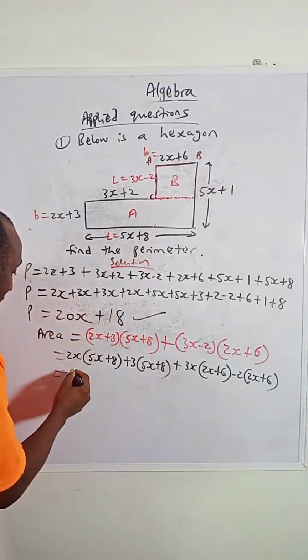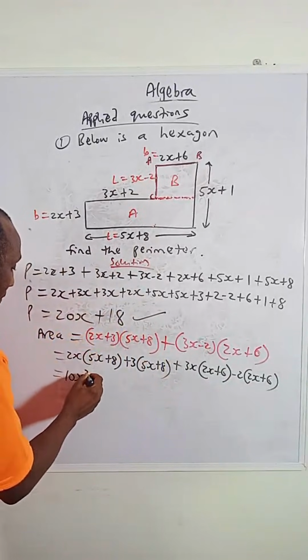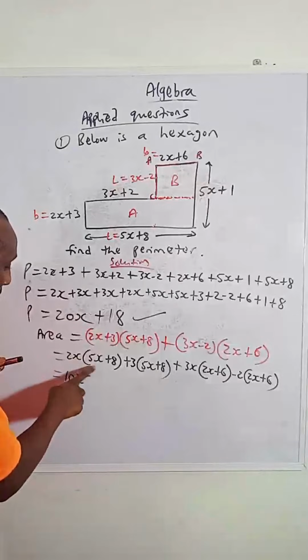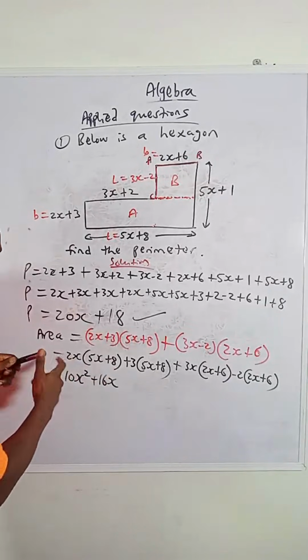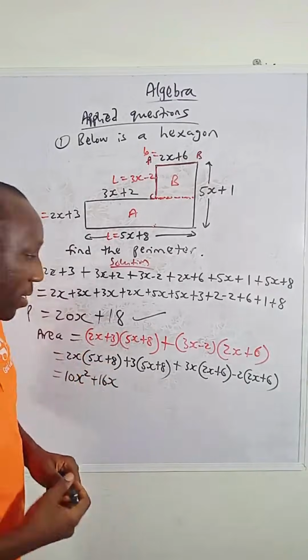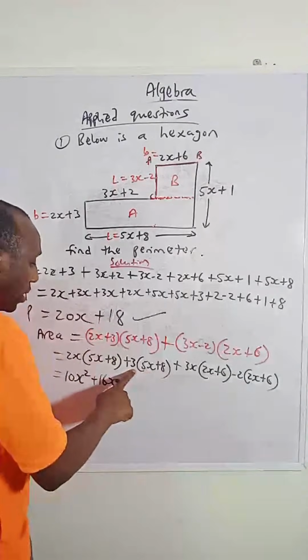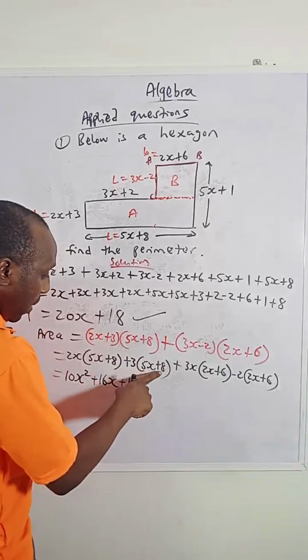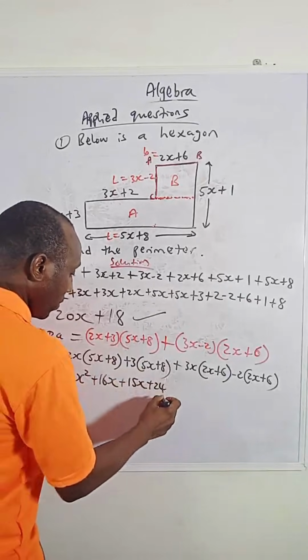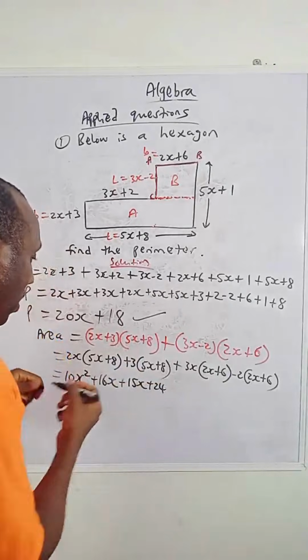2x times 5x is 10x squared. 2x times 8 is plus 16x, because 2 times 8 is 16. 3 times 5x is 15x. 3 times 8 is 24.